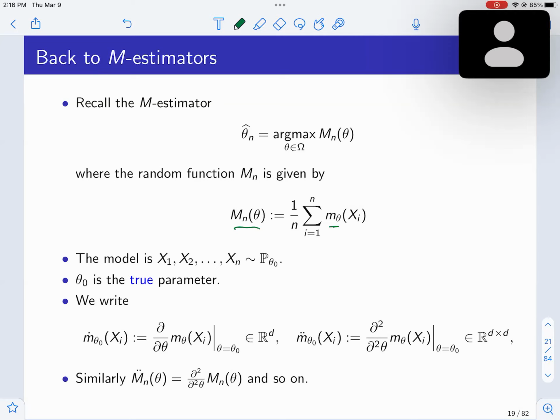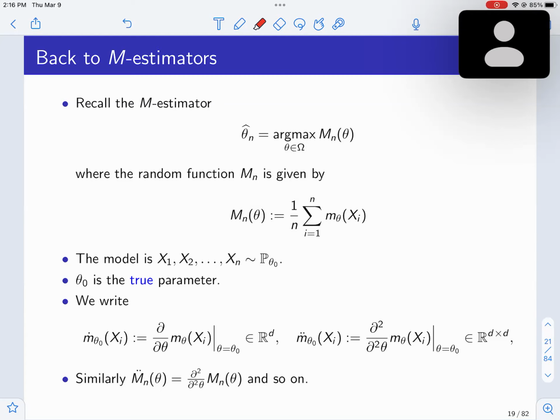Okay, so this Mn is a random function, but it has a particular structure, which is like an empirical average of a bunch of IID terms.